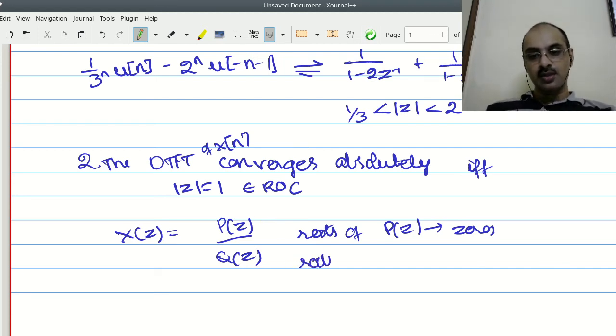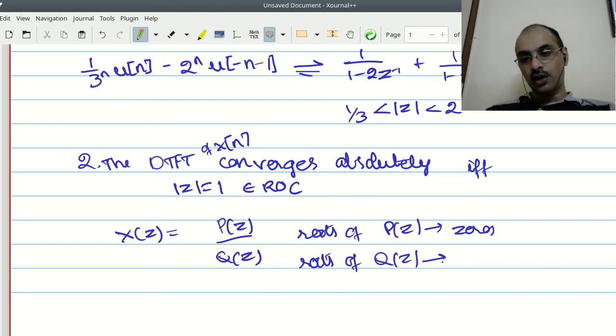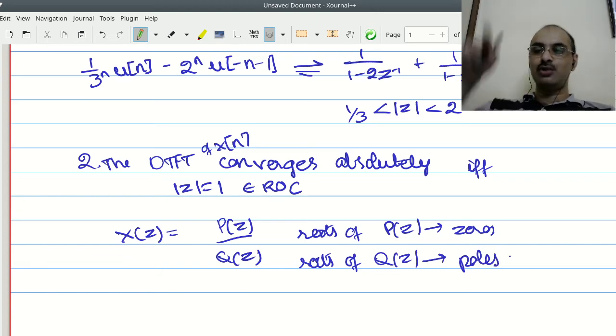Similarly, the roots of the denominator are called poles. The reason they are called poles is because the value goes to infinity, that is, when Q(z) goes to 0 and P(z) is not 0 at the same time.